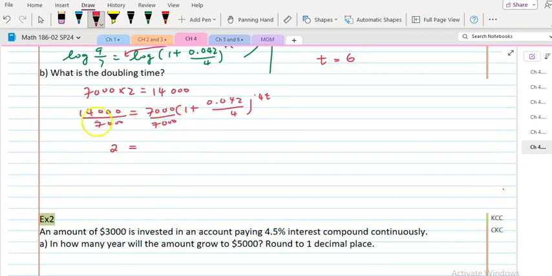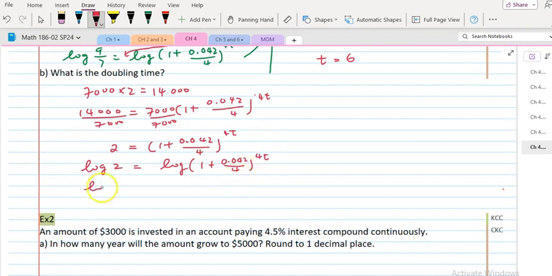That's 2, because this is 2 times 7,000, equal to 1 plus 0.042 over 4 to the power 40. Okay, log again. Log 2 equal to log of 1 plus 0.042 over 4 to the power 40.